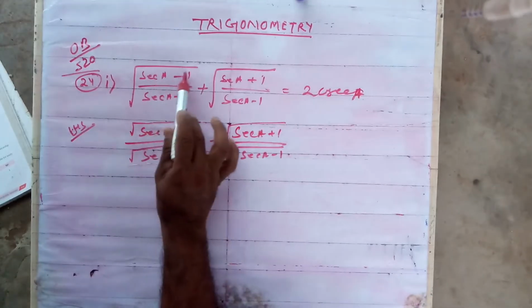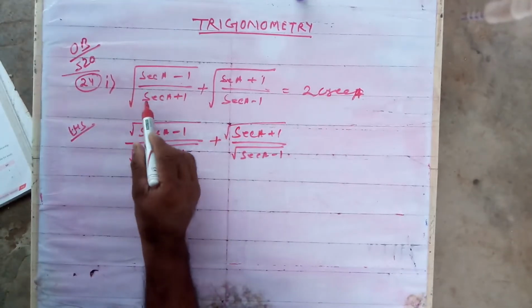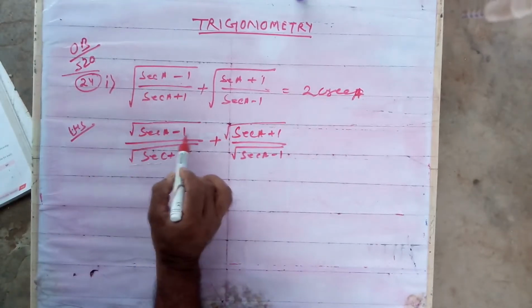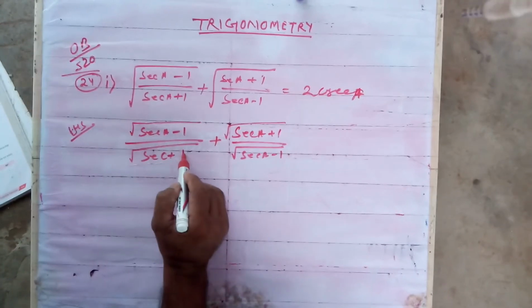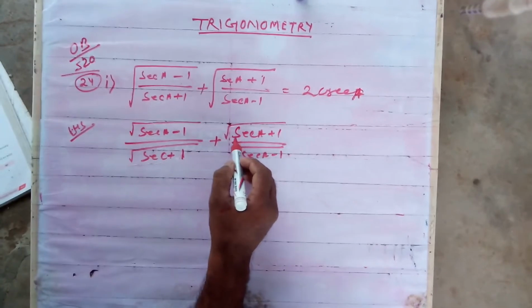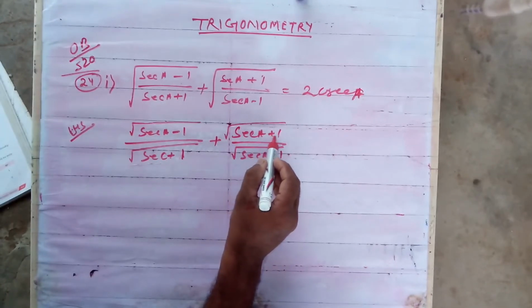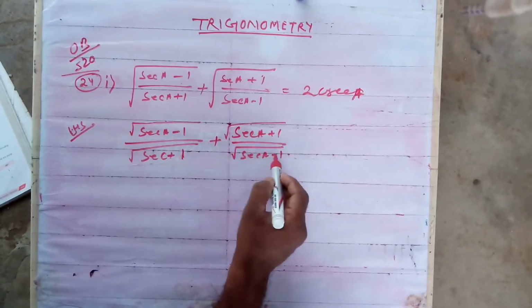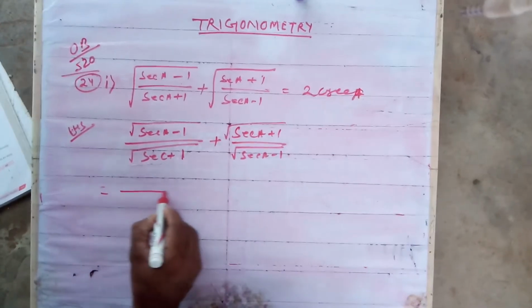What I did: separately, I wrote root of (sec a minus 1) by root of (sec a plus 1). Similarly, the second term I have divided like that, root of (sec a plus 1) by root of (sec a minus 1). Now you take the LCM of these two.